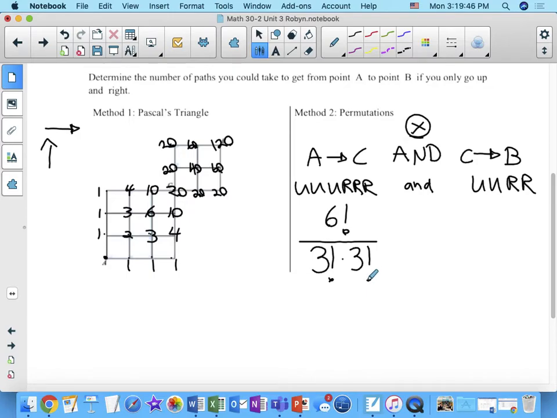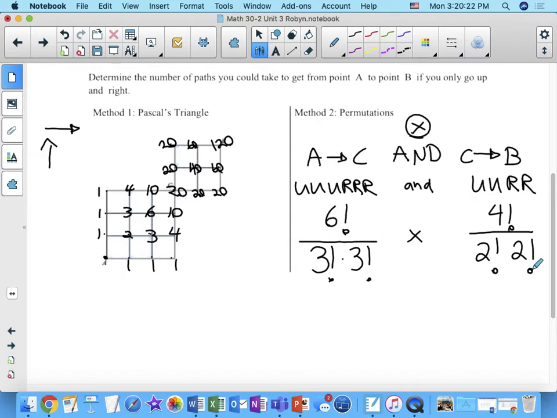By the way, do you guys know that my U is for up and my R is for right? Did you catch onto that? Okay, good. And then here, for this guy, so and means times, up, up, right, right. What's going to go into my numerator here? 4 factorial over 2 factorial for the 2 U's and 2 factorial for the 2 R's.